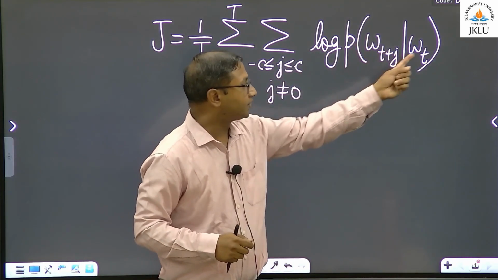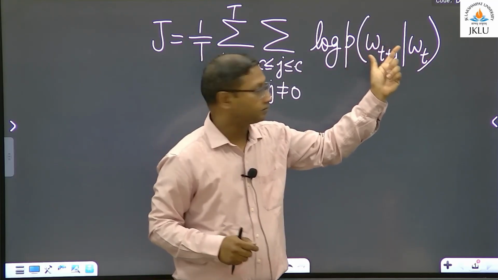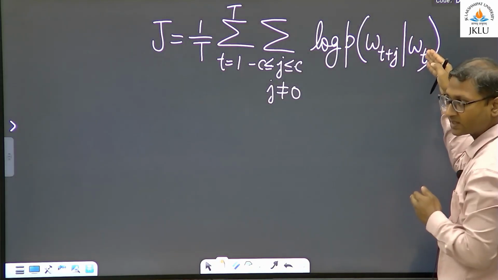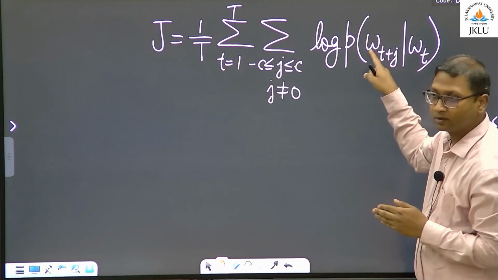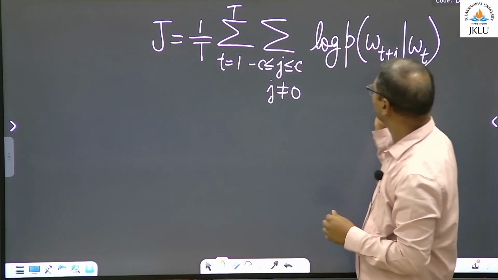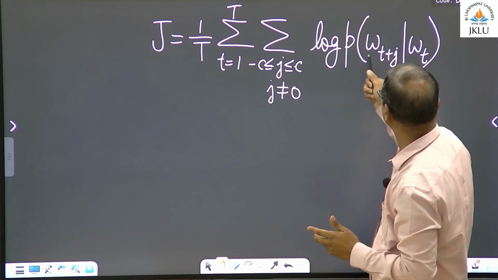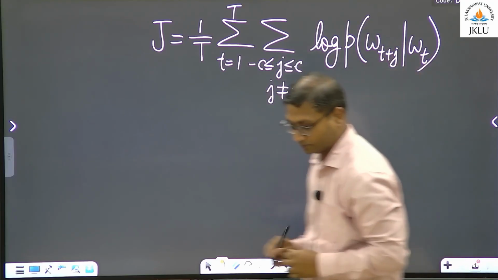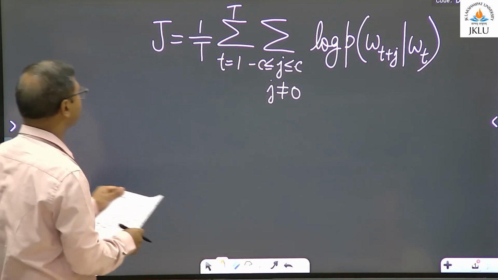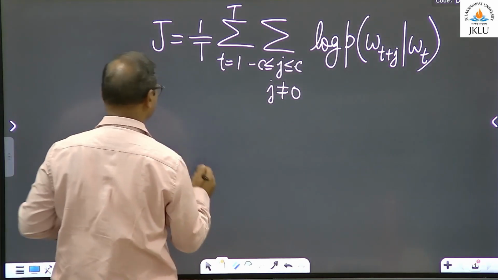This is the context window of t plus minus j. So it is the probability that, given W(t) as the center word, you have these as context. What is this probability? We have done this in the last class.